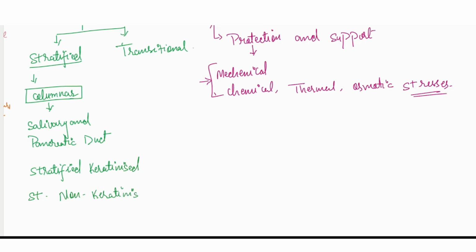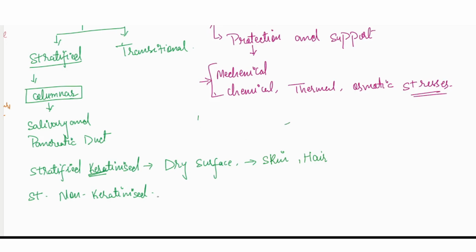Stratified keratinized means the keratin layer is waterproof, so it will not allow water to cross the membrane. That is why it makes the surface dry. For example, our skin or hair. If water comes, after some time it would be dry.